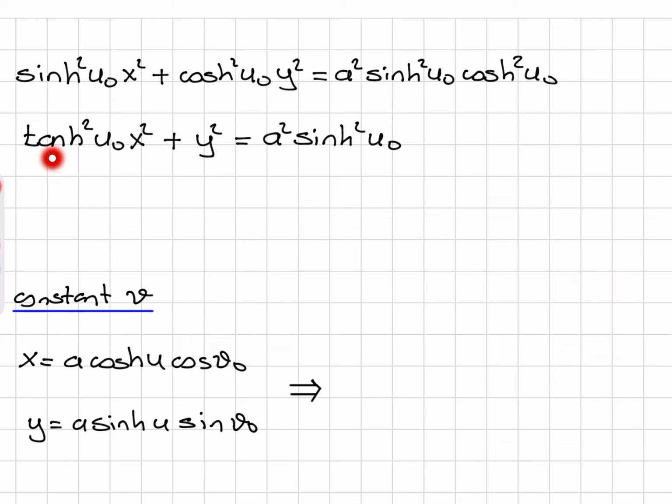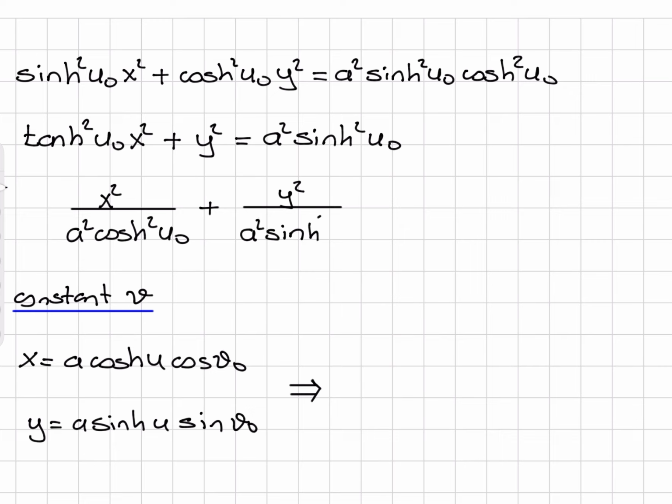You see this tanh is sinh square divided by cosh square. If I divide by sinh square, only cosh will remain. So this will give me x square divided by a square cosh square u0 plus y square divided by a square sinh square u0 is equal to 1.